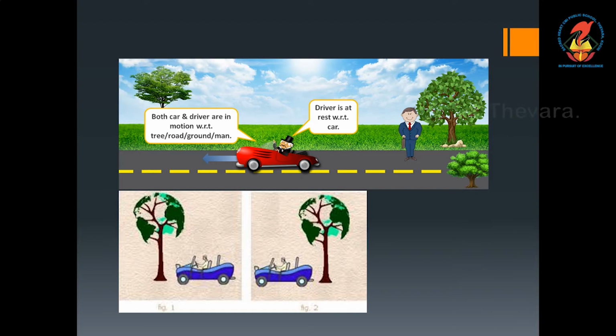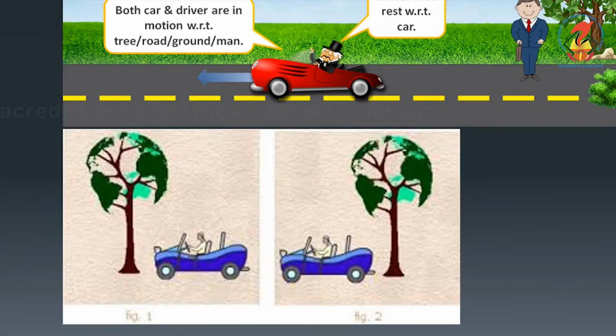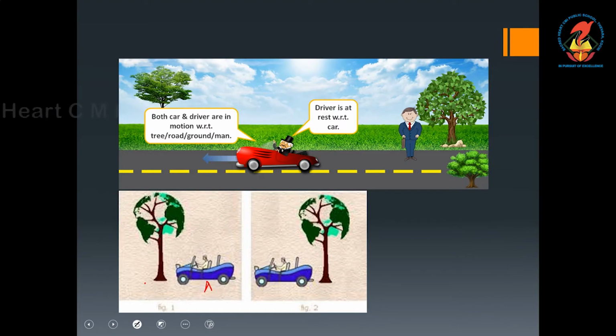Suppose I consider this point as A and this point as B. Here I wrote a point B. So in this first figure, the car is at the point A, that is on the right side of the tree.